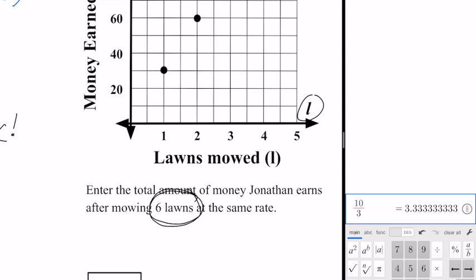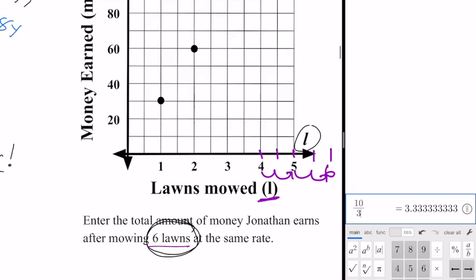So where's the 6 at? In this case, there's my L, and I have 4 1/2, 5 1/2, and then 6. Notice I skip one, right? So 4 and then 5, 5 and then 6.